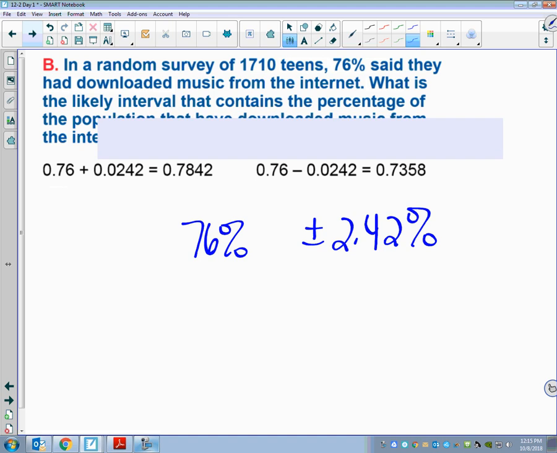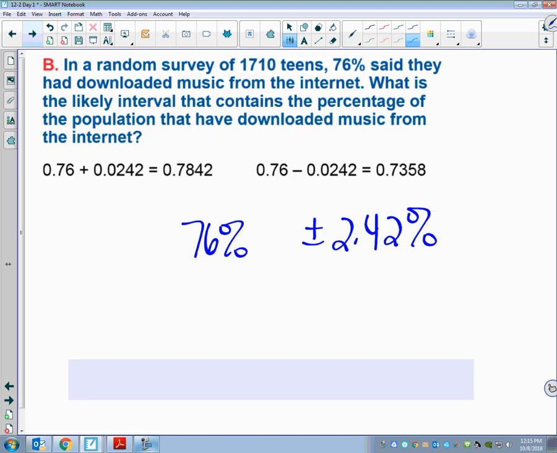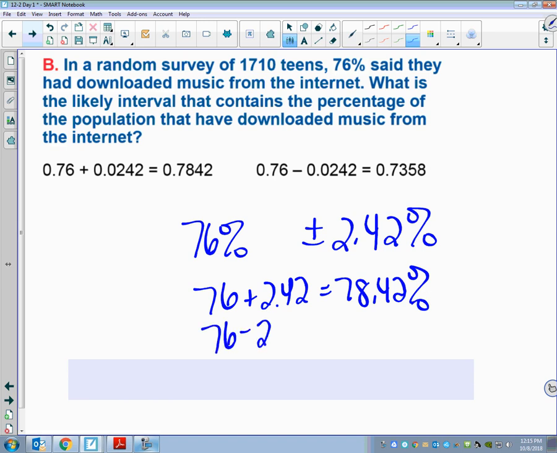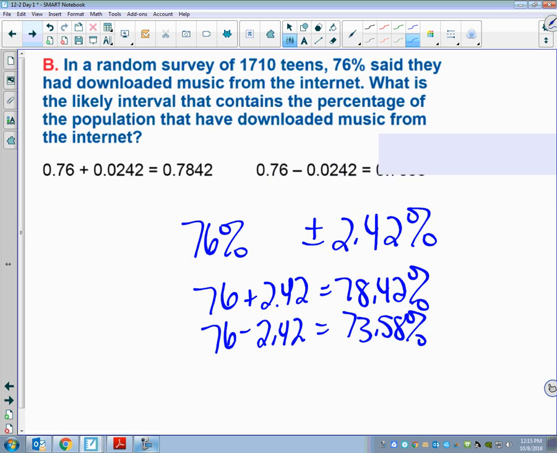I think the book did it this way, but we could do it the same way just with this, right? 76 plus 2.42 would be 78.42%, and 76 minus 2.42 would be 73.58%. So what is the likely interval that contains the percentage of the population? It's just between 73.58% to 78.42%.